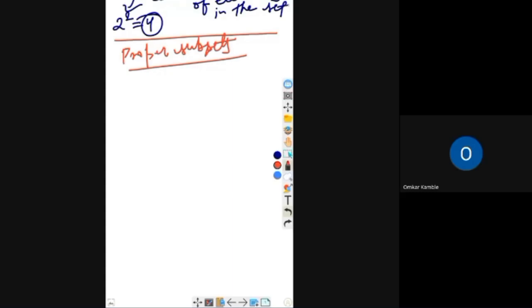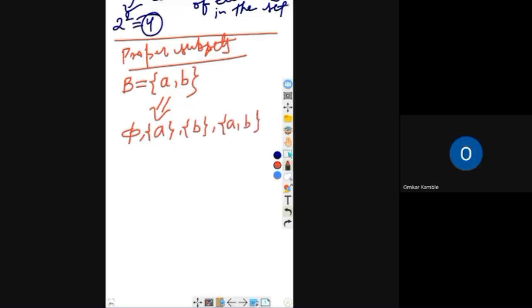Suppose B is a set having elements a and b. Its subsets will be phi, {a}, {b}, and {a, b}. If we exclude the last one, because it is the same as the set, then the remaining ones are the proper subsets of the set.